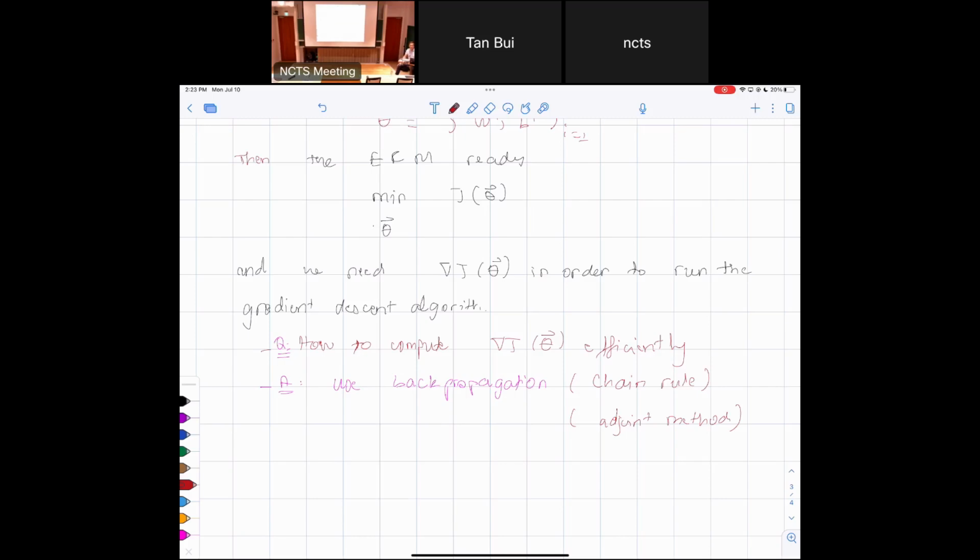Any question before I jump into the backpropagation slides?